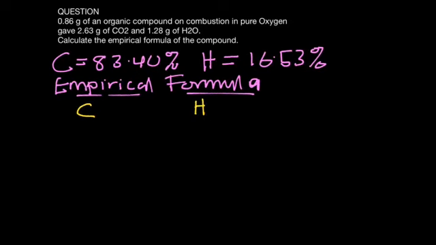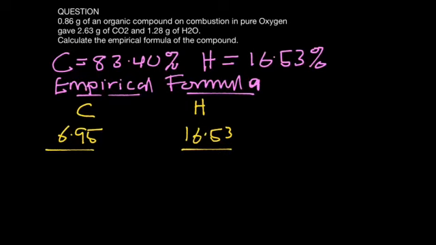How do we do that? That of carbon is 6.95, and that of hydrogen is 16.53, and then we'll divide through by the smallest among them.